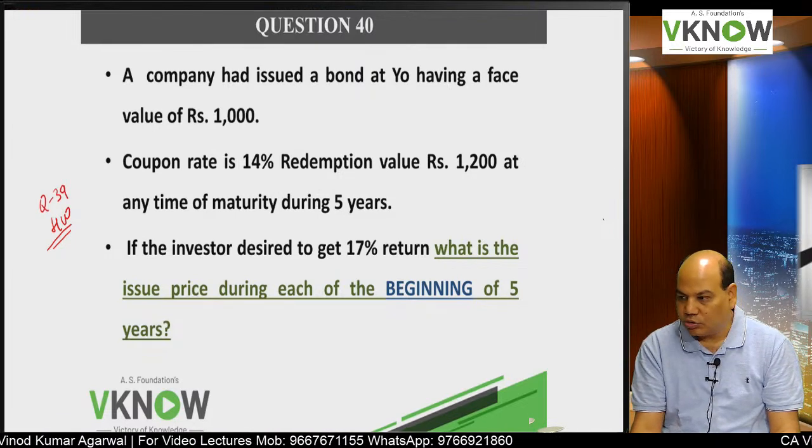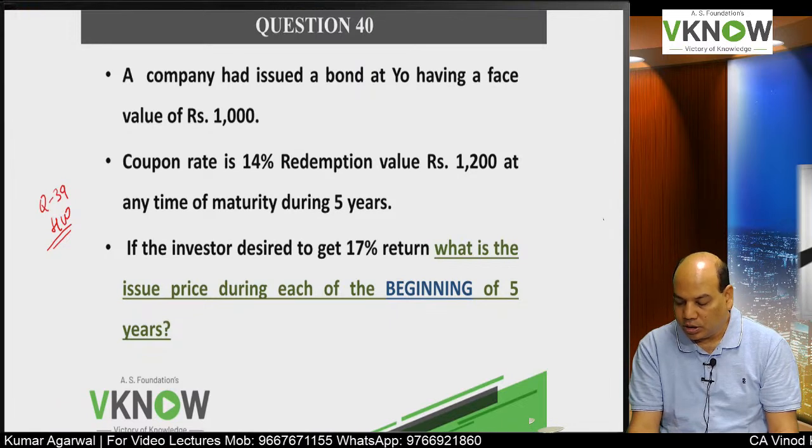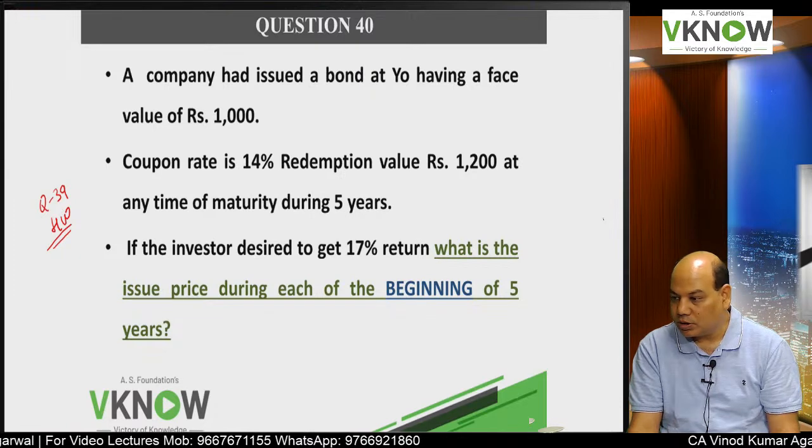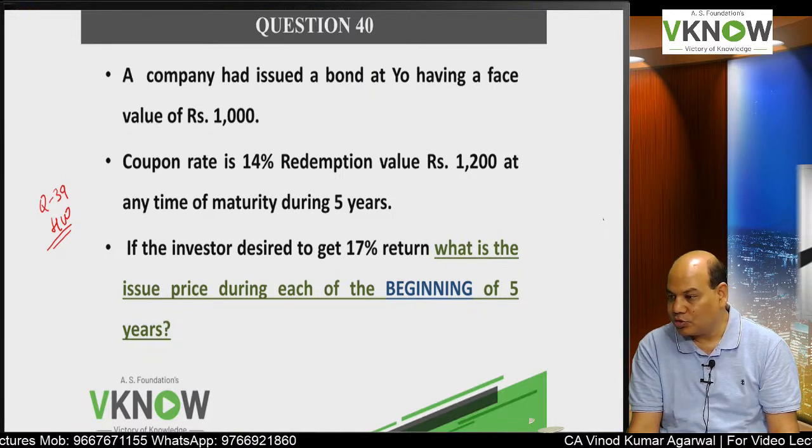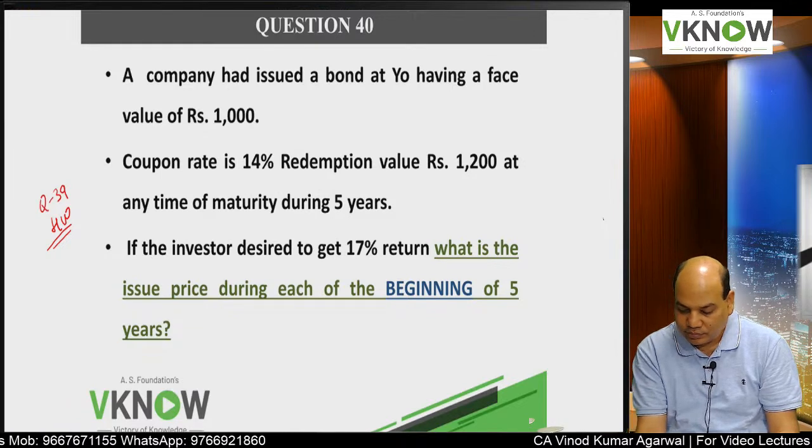A company had issued a bond at year 0 having a face value of rupees 1000. Coupon rate is 14%. Redemption value is rupees 1200 at any time of maturity during 5 years.